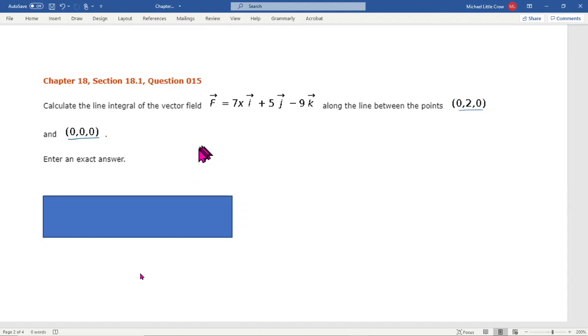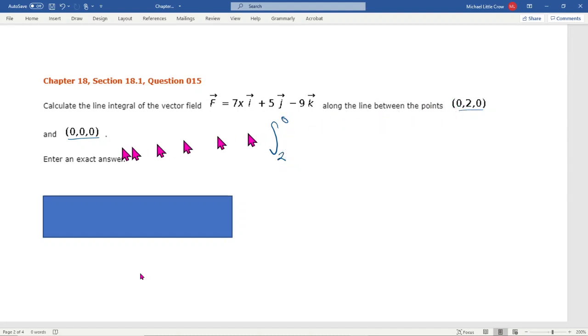So one way we can calculate this is the integral of the vector field. And again, since this change is in the y direction, that's all that's going to change. The x and the z direction don't change. We're going from 2 to 0.